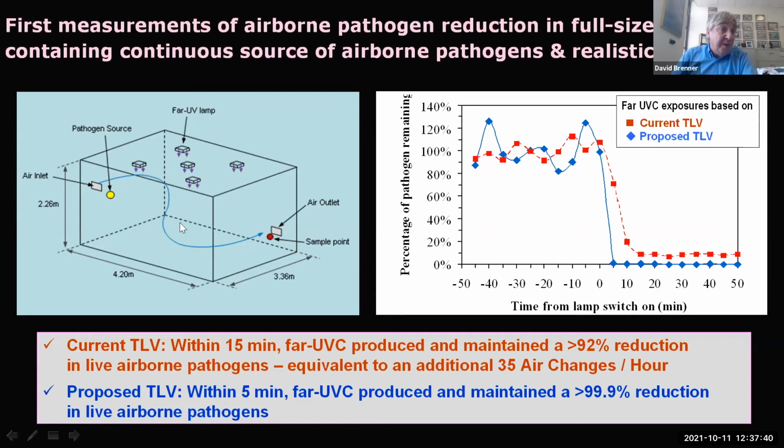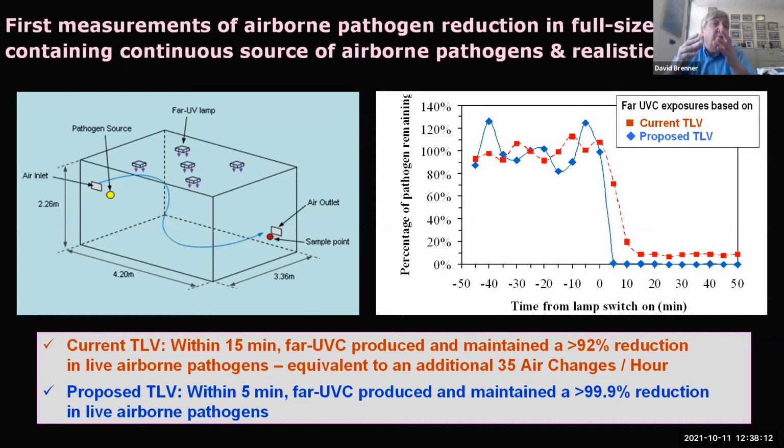This room is a typical size, a moderately small room, 4 meters by 3.3 meters by 2.2 meters height. Inside it are an air inlet, an air outlet, and a source of continuous pathogens. We continuously flood the room with pathogens, and there is a sampling point to assay what proportion of the pathogens are alive and what proportion are dead.